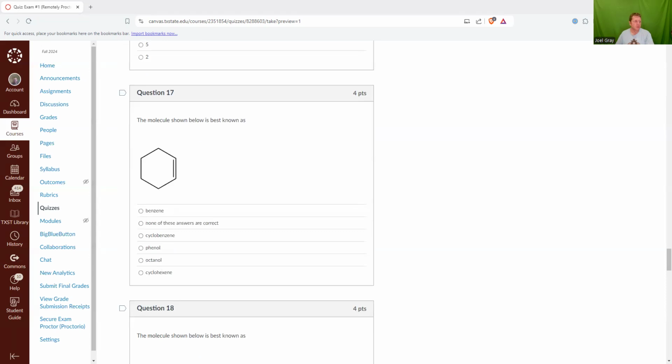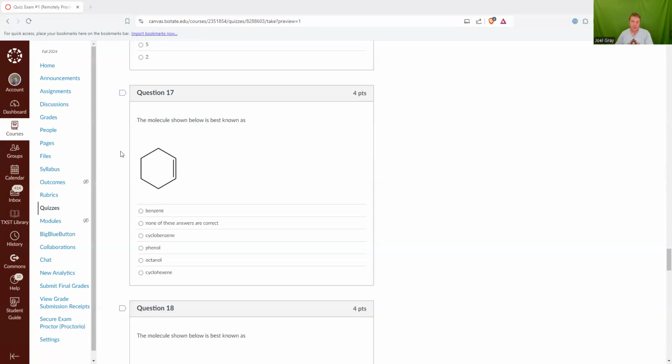Number 17. The molecule shown below is best known as benzene, cyclobenzene, phenol, octanol, or cyclohexene. Okay, we've got a double bond there, and it's a ring. How many atoms are in the ring? 1, 2, I'm starting at the 12 o'clock position. So 1, 2, 3, 4, 5, 6.